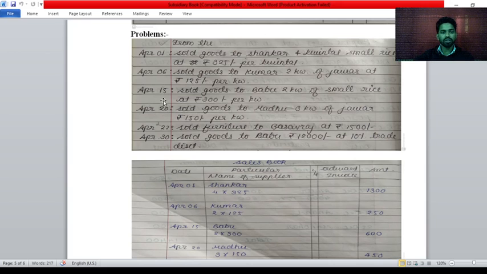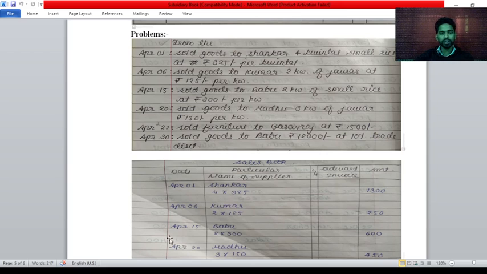Next, on 15th April, sold goods to Babu, 2 quintal of small rice at rupees 300 per quintal. The business sold goods to Babu, so it is a credit transaction and a sales transaction.